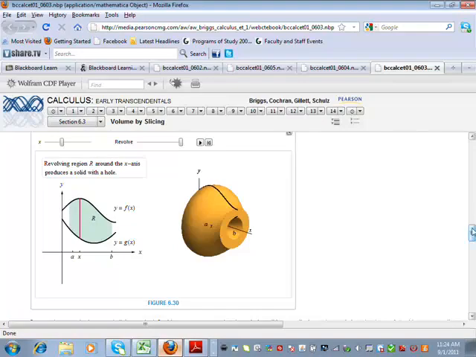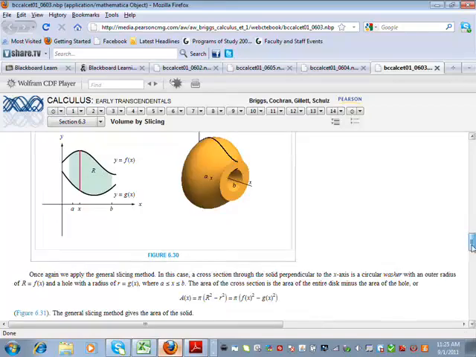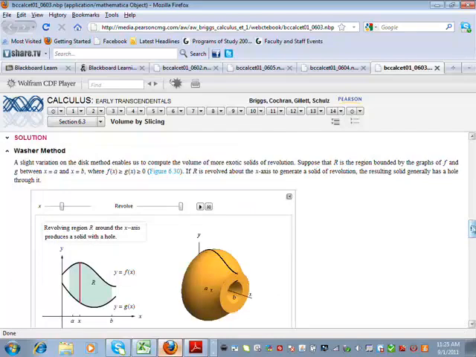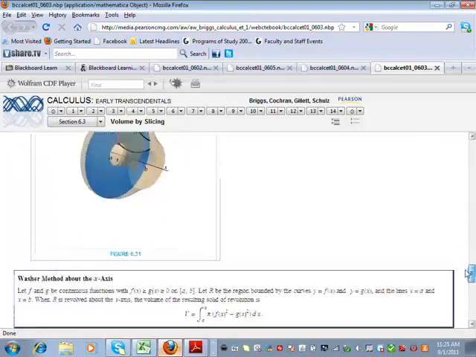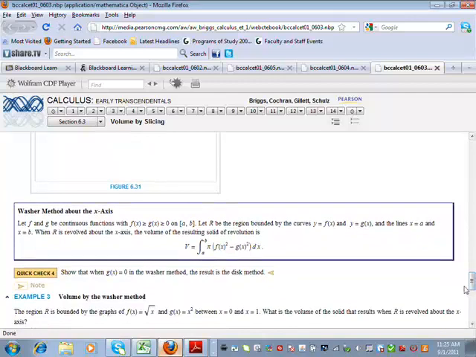How are we going to get that volume? Well, you just find the volume for F and the volume for G, right? So the hole comes about by what? By subtracting, for sure. So in order to do that, we just subtract. So that is the method. You want to find the volume obtained by rotating the area between two curves. You just take the difference in the squares. So we'll go ahead and we'll use that one.